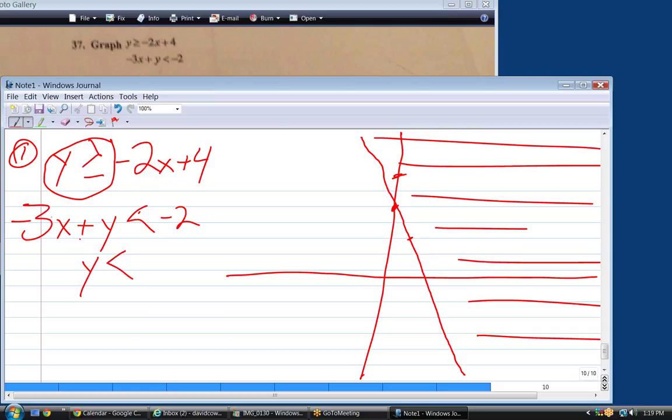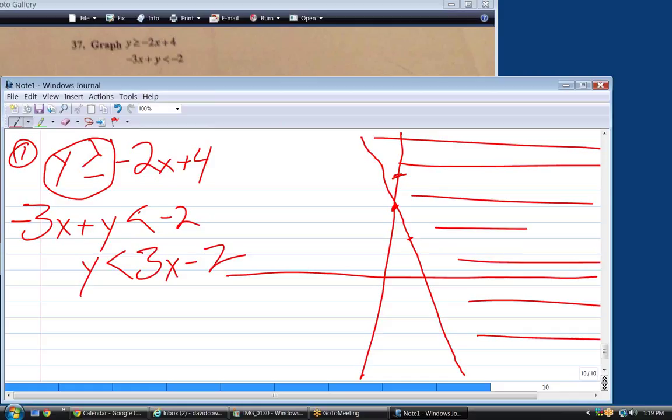And what's my first step here? You just add 2. No, the 2's already over on the right. We want to leave it over there. Oh, you add 3x. Okay, so when I add 3x to both sides and put the x first, I get that. Now that's pretty easy to graph.